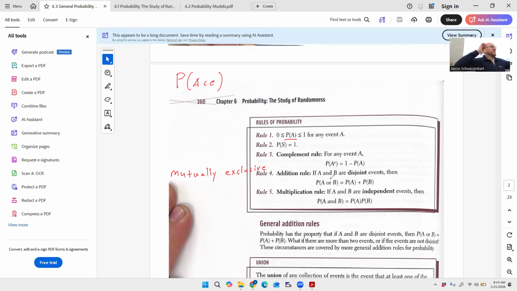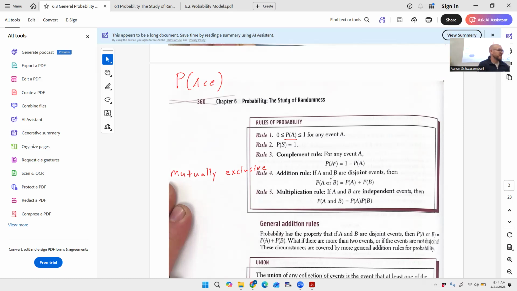If A occurs, B does not. You cannot get both an A and a B in second trimester of A&I for a final grade. You can get them for individual grades, right? But you cannot get a final grade that is both an A and a B at this school.